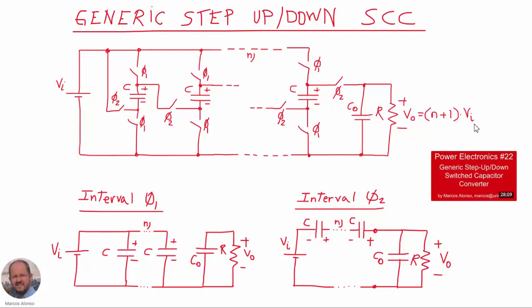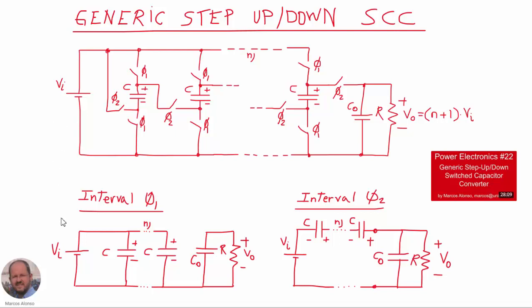And also we have seen that this converter is bidirectional, so we can connect the voltage source, if we like, on this side of the converter, and then connect on this other side the filter capacitor and the load, and then we will have on the other side a voltage that will be 1 over N plus 1 the input voltage.